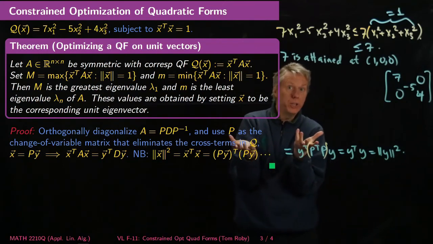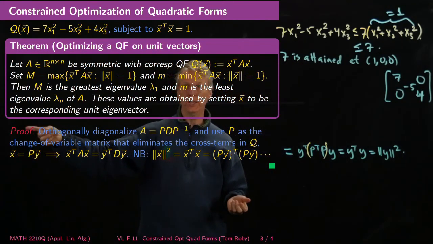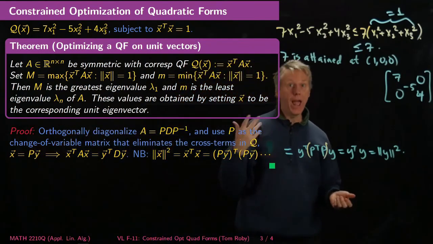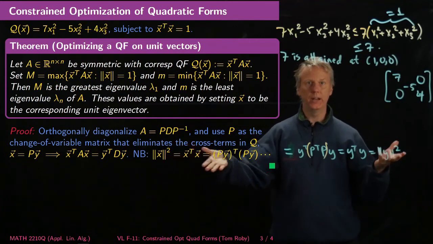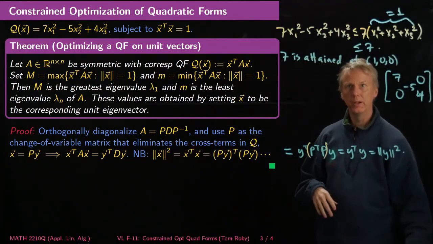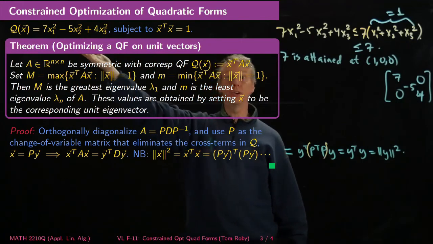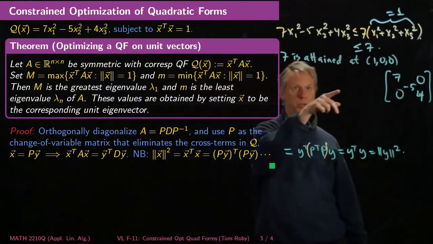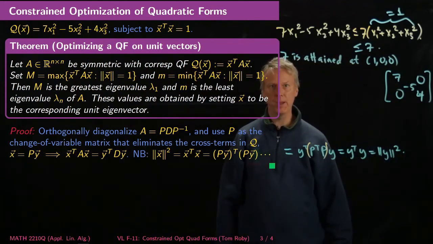But if I'm only interested in the max or min, then the maximum value looking in terms of x will be the same actual value in terms of y. And it'll happen at an eigenvector because that's how this works. So, like up here, when you're in the place where it's diagonal, then 1, 0, 0 is exactly the eigenvector corresponding to 7. And when you multiply this by 1, 0, 0, you'll get 7, the maximum value.